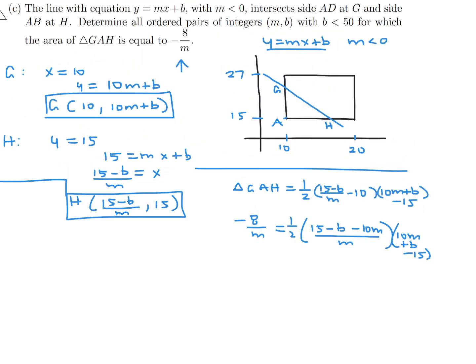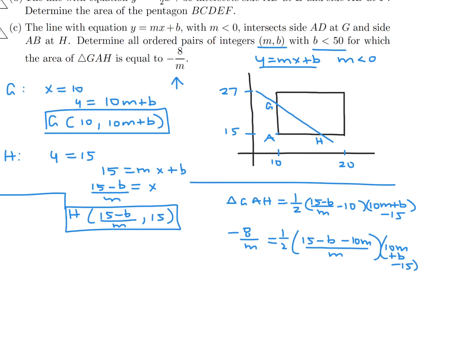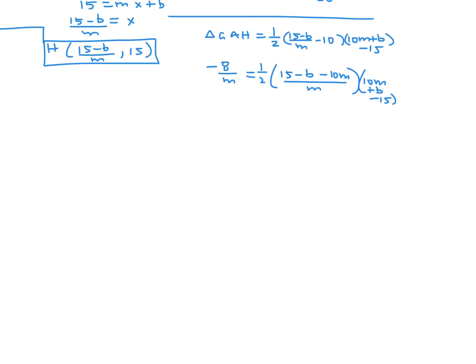Okay, so what are we trying to figure out here? Ordered pairs (m, b) with b less than 50. All right, so we got this algebra to do. I think the m's cancel. So I'll multiply through by 2, so we get minus 16. That way we get rid of the half and the m. So then we're left with this, minus 10m minus b plus 15, and then this 10m plus b minus 15.